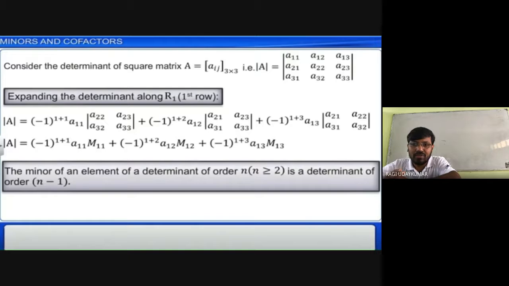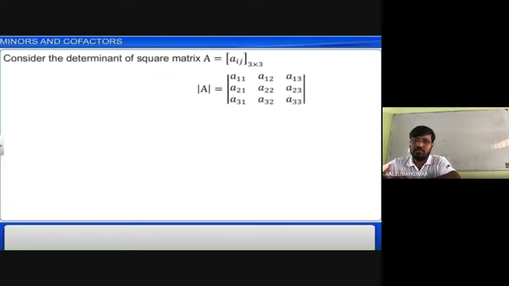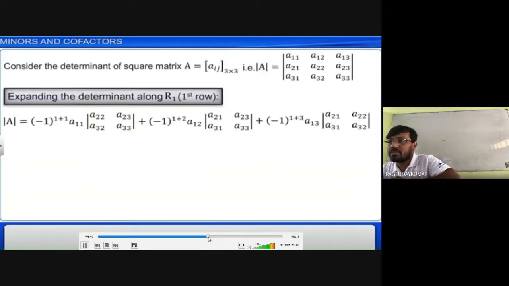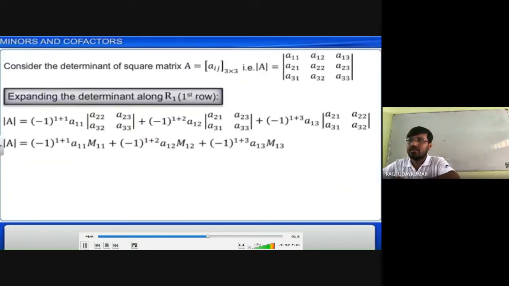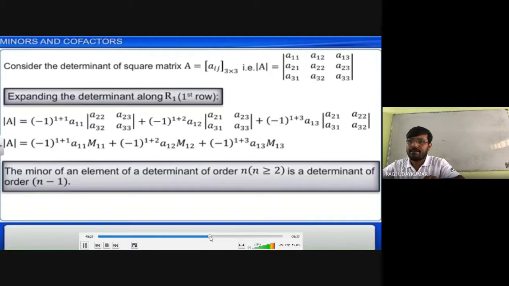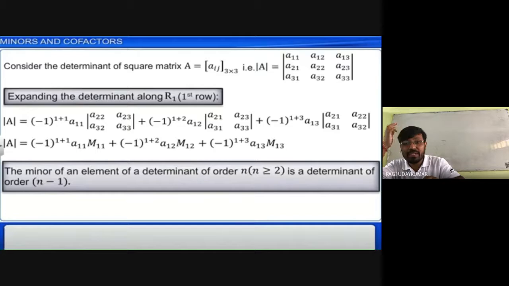And the minor of an element of a determinant of order n, where n is greater than or equal to 2, is a determinant of order n minus 1.